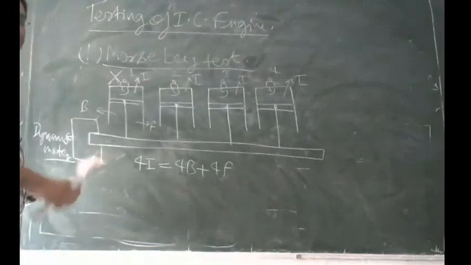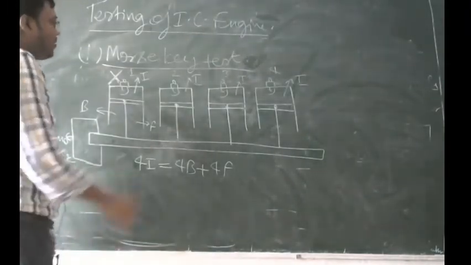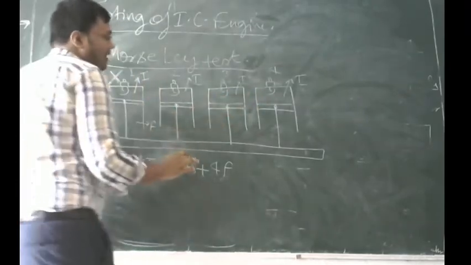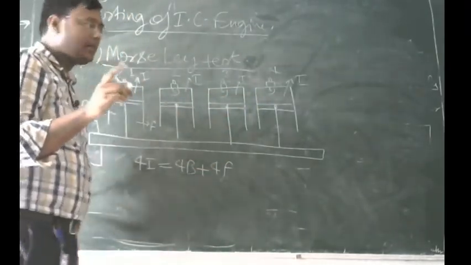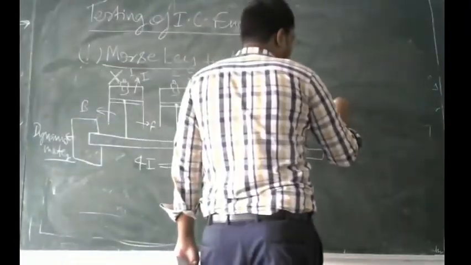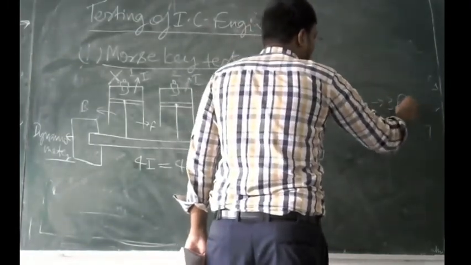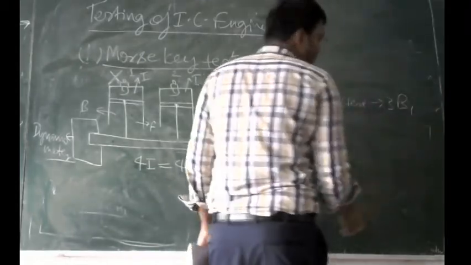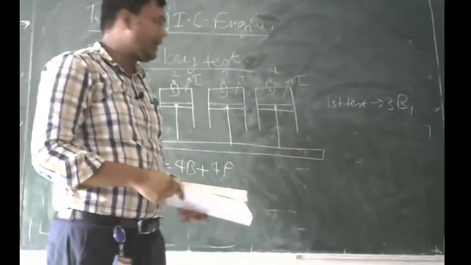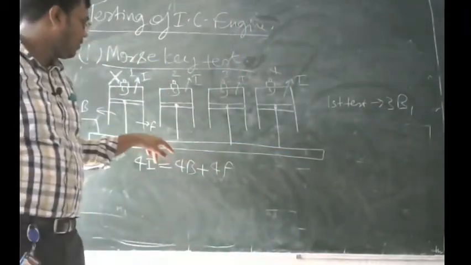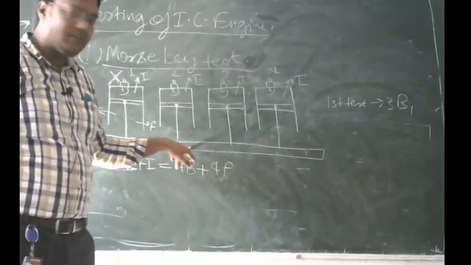So now in this case, we will get power from only three cylinders. Let us assume that in the first stage, the power is 3B1. Now on the crankshaft we can only calculate the brake power.